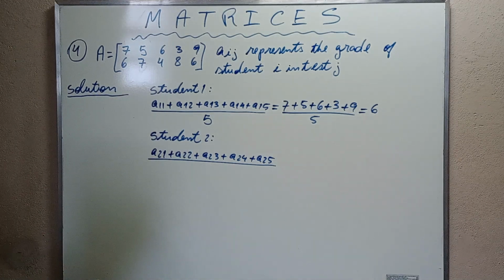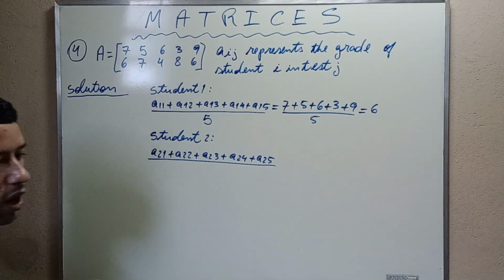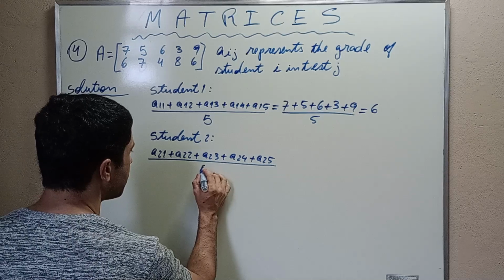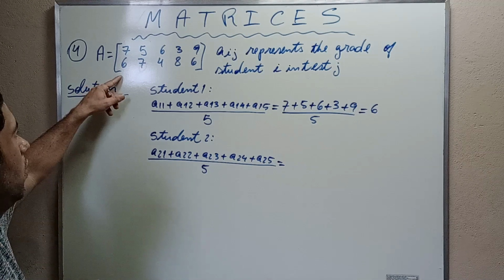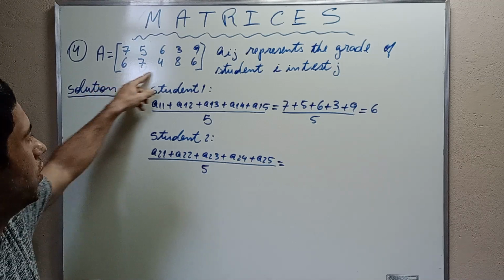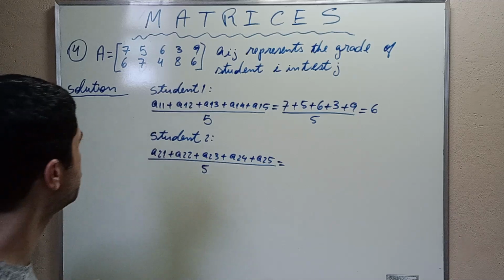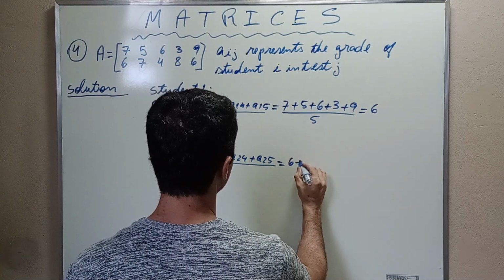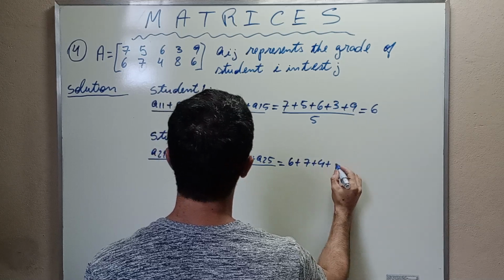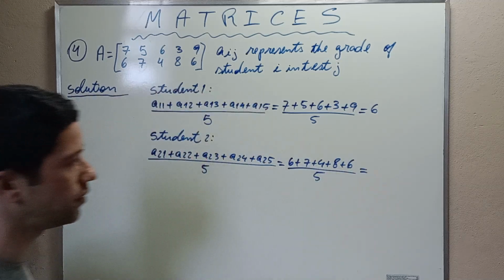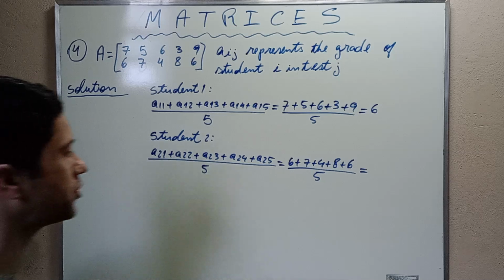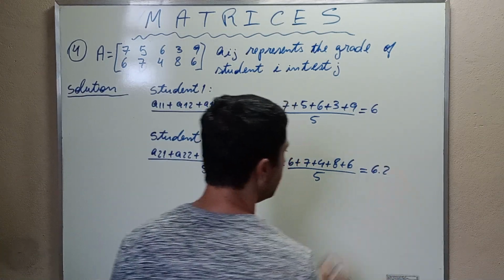Student 2 took 5 exams as well, so the average is the sum of the grades divided by 5. And this is equal to, as I said, we sum the entries of the second row: 6 plus 7 plus 4 plus 8 plus 6, divided by 5, and this is equal to 6.2.